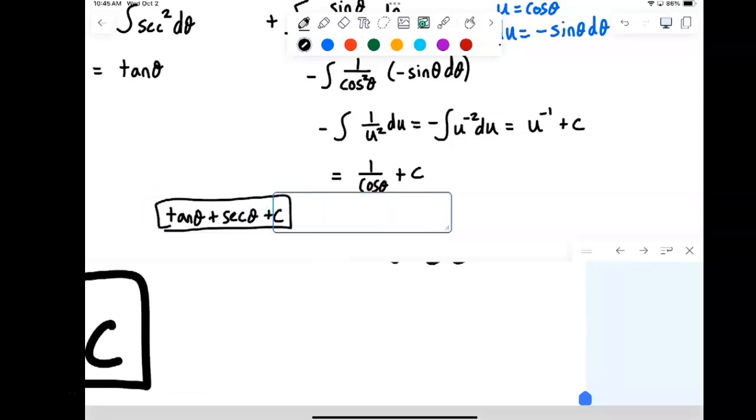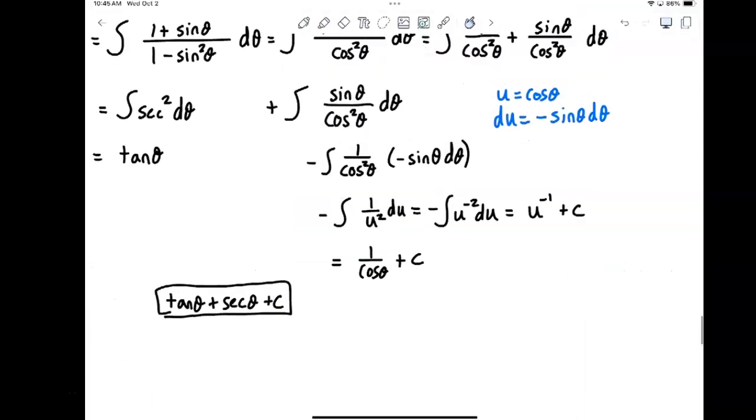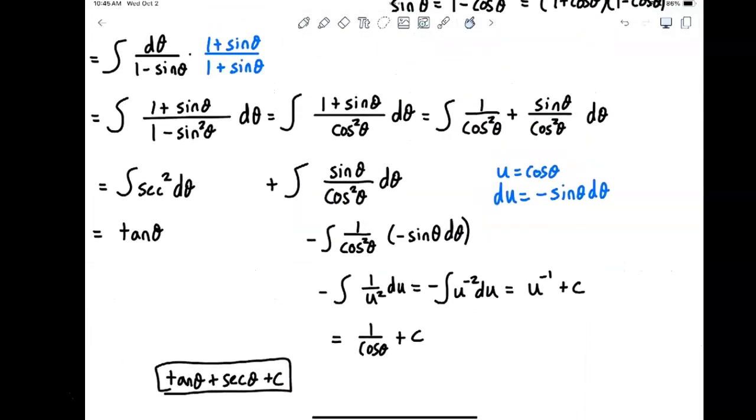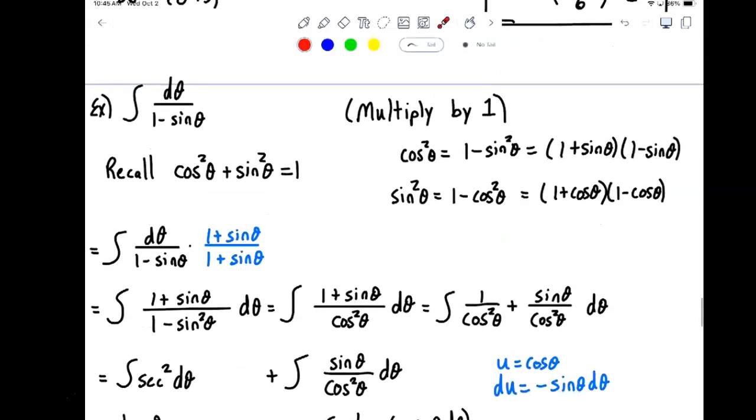Okay, so this one is a little tricky because initially we have to recognize this need to multiply by 1. This is something you will run into, and you will see it if you have that stuff involved. Now, if this had been in the numerator, I wouldn't even bother with any of this.